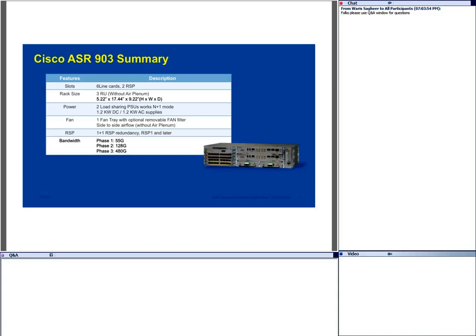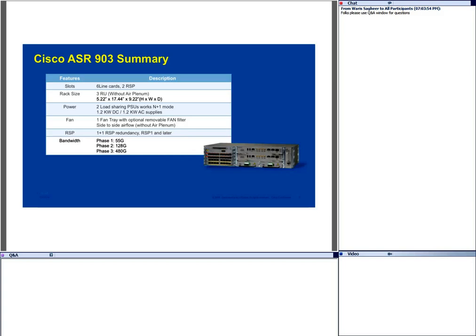Since 903 was the first variant in the 900 family, the first RSP1 was 55 gigs. So we had a 55 gig first RSP there. That's the reason we start off from there. On the 903 today, in deployments, we have RSP1, RSP2, and RSP3.